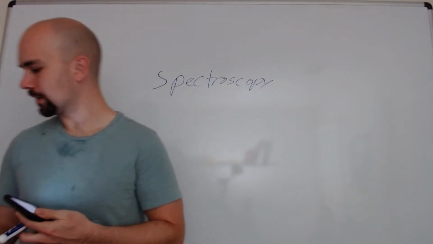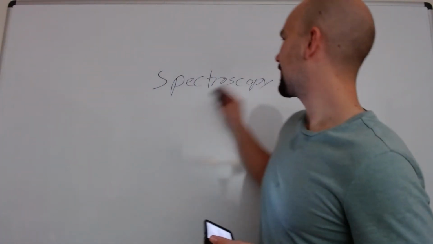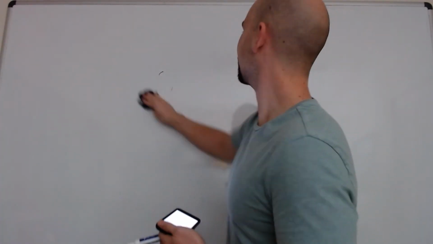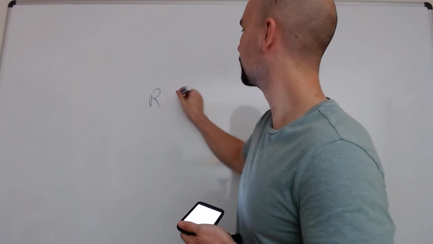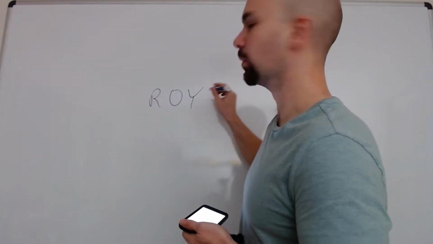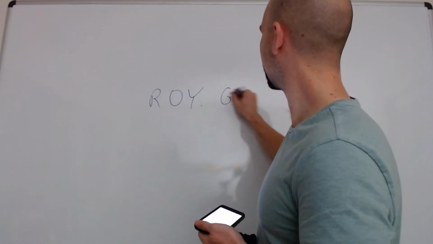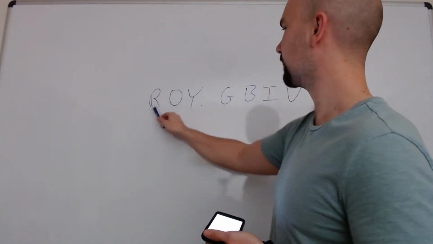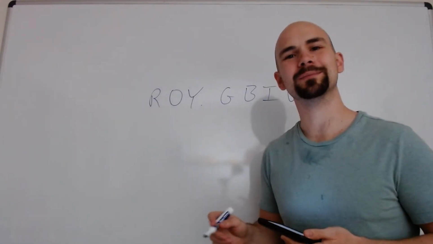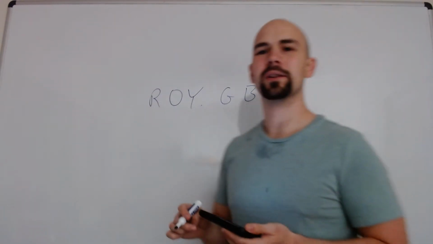And so it turns out that just as on the visible spectrum, on the one side you've got red, remember Roy G. Biv, and on the other side violet, so red, orange, yellow, green, blue, indigo, and violet. Now, which one has the most energy?